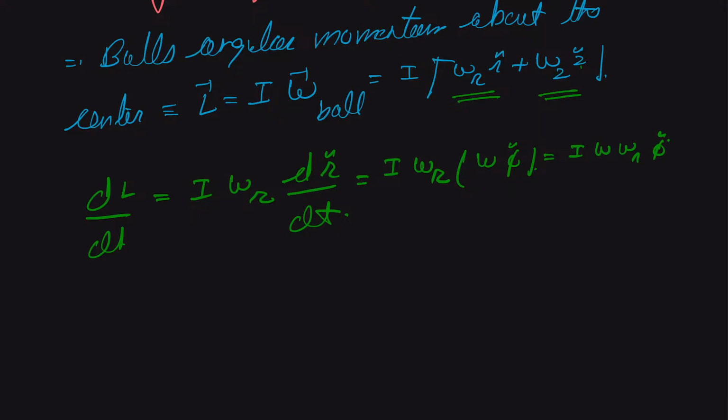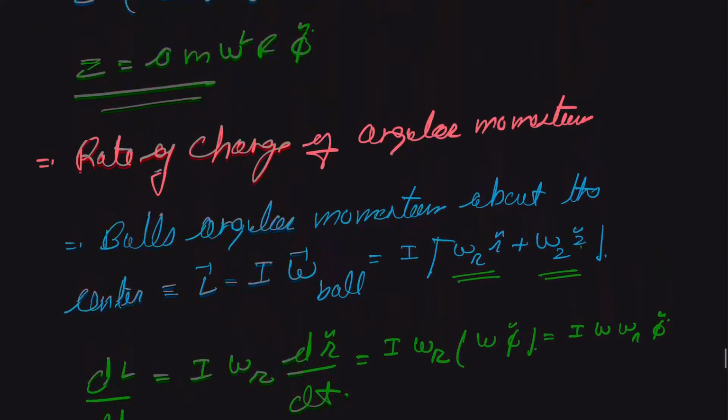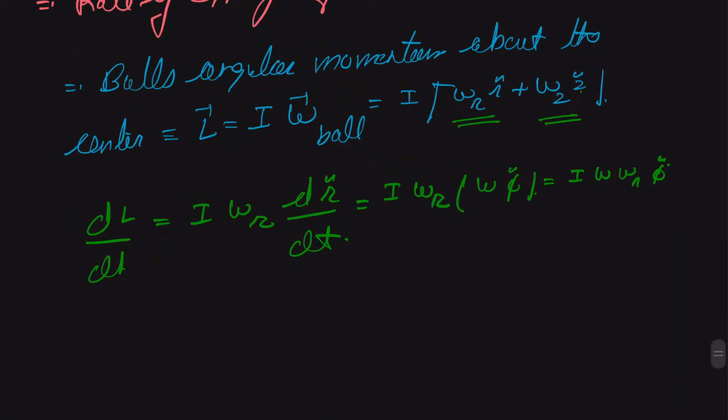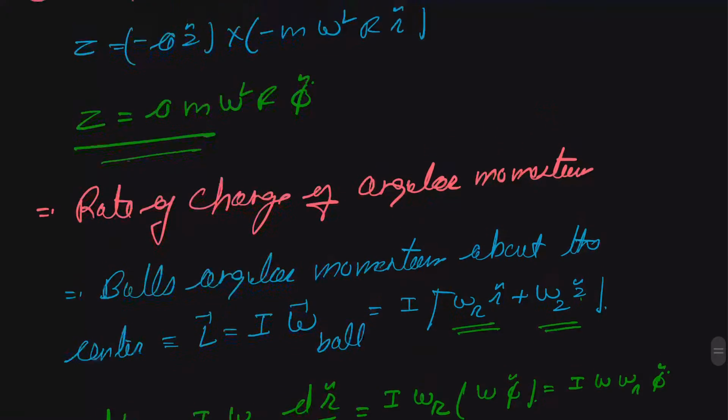Now we can easily say that our total torque is equal to the rate of change of angular momentum. So we have the rate of change of angular momentum, and we have the total torque also.